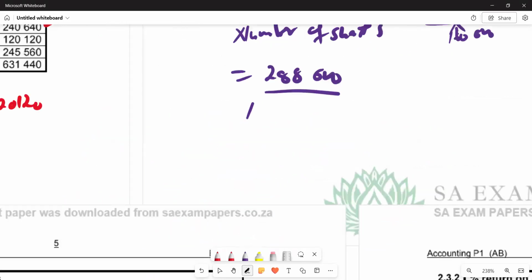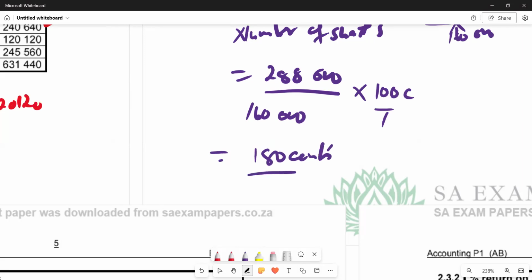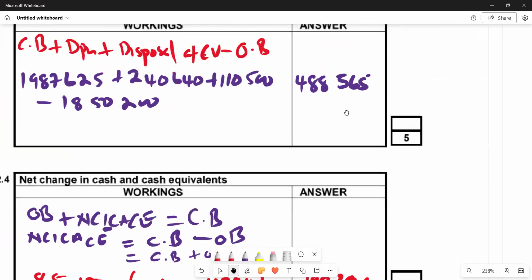So divide by 160,000. Obviously, after you have the answer, you are supposed to multiply by 100 cents over 1, so that you leave your answer in cents, and then it becomes 180 cents. So we are going to add 180 cents as our final dividends per share.